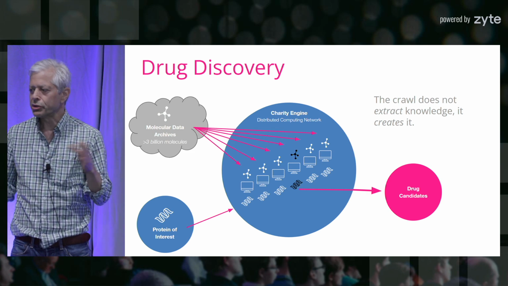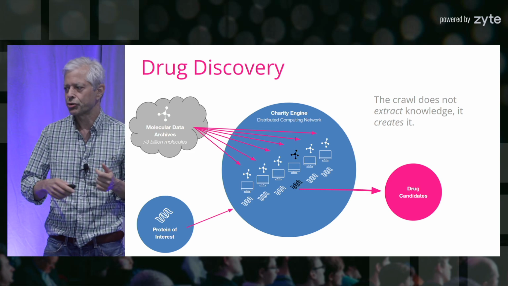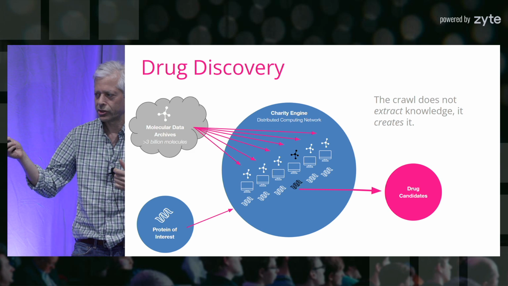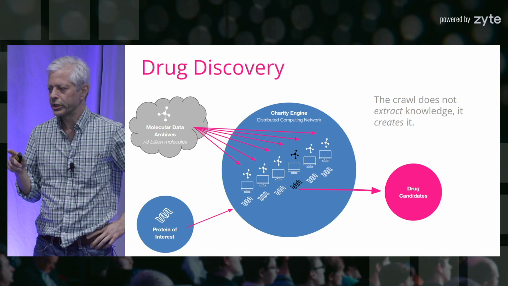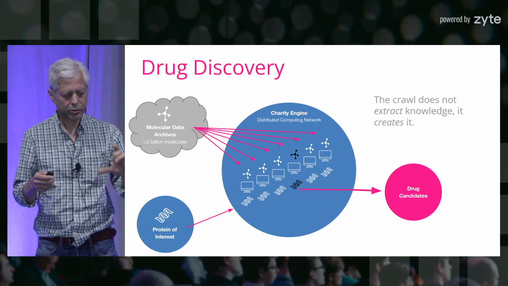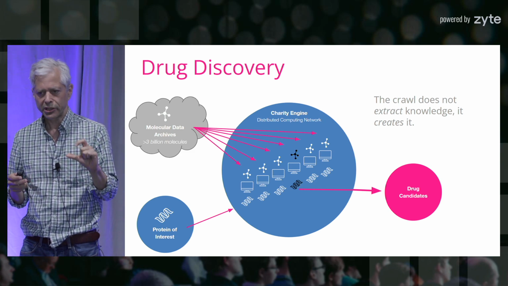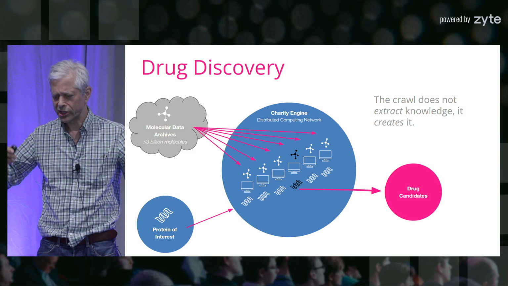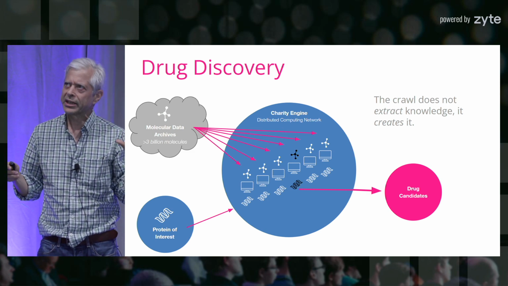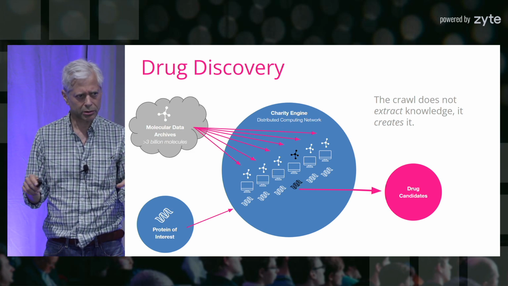Another use case of this sort involves crawling large databases of commercially available compounds. We work with scientists who have a protein that they're interested in. Let me step back. The general idea here is that the mechanisms of disease are at the molecular level.